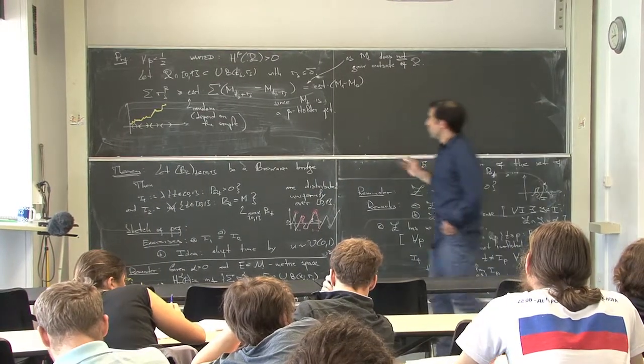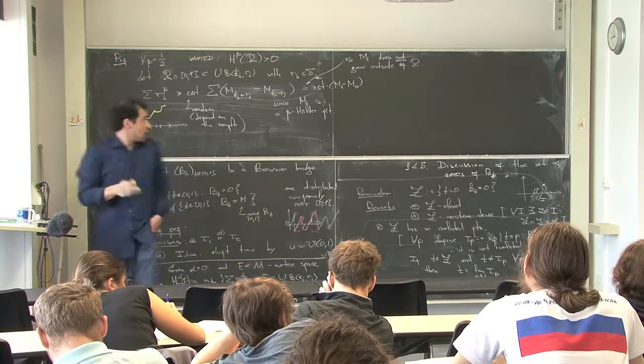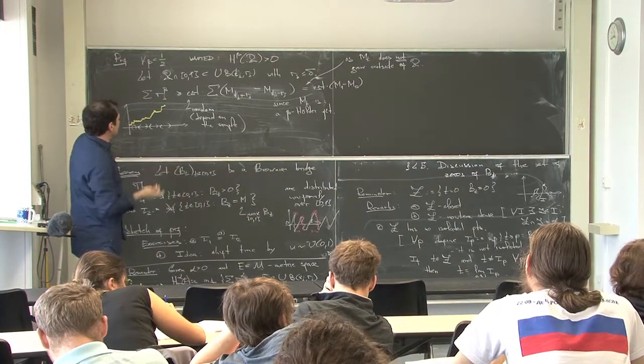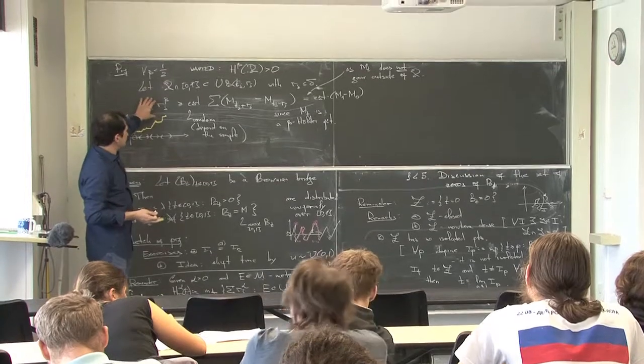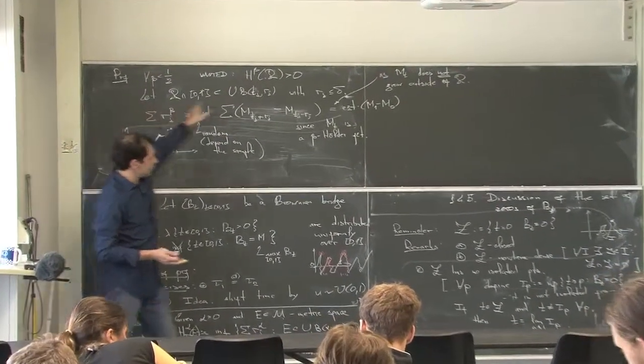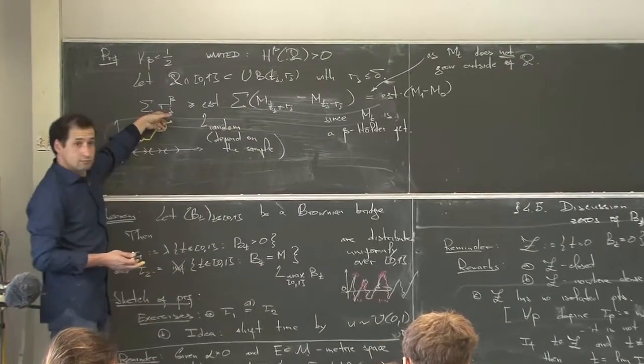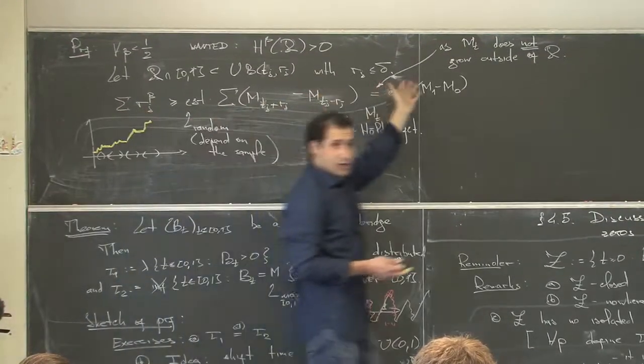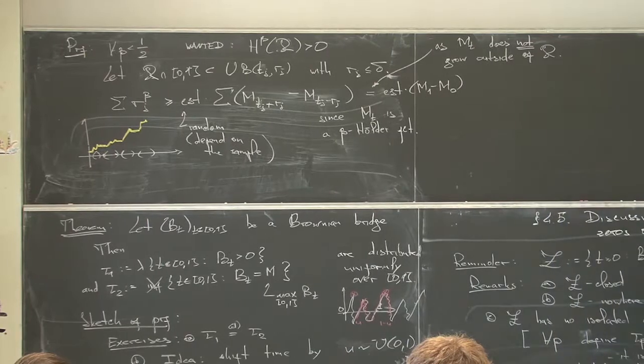Doesn't anybody follow? So, well, what do I know? I know basically that for a given sample of my Brownian motion, what I have is the lower bound for this sum. It's universal, it does not depend on anything. It does not depend on the cover.